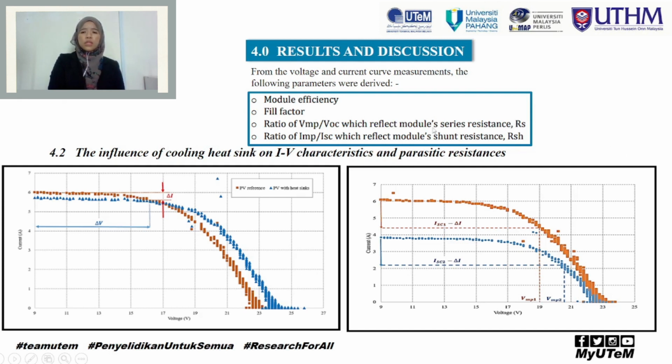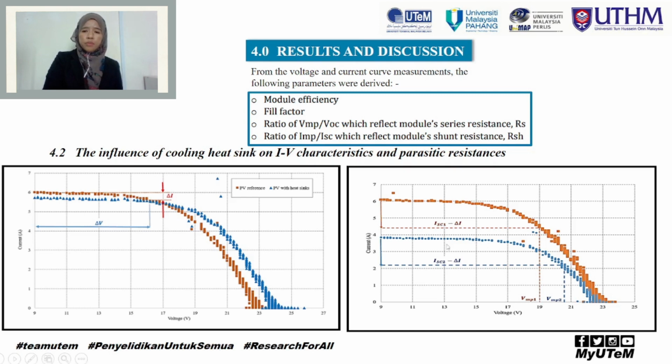To measure the series resistance, the value of VMP is divided by VOC, and the value of IMP is divided by ISC to get the shunt resistance. This is what we call the inverse slope method, which is normally used to get the value of the derived parameters.